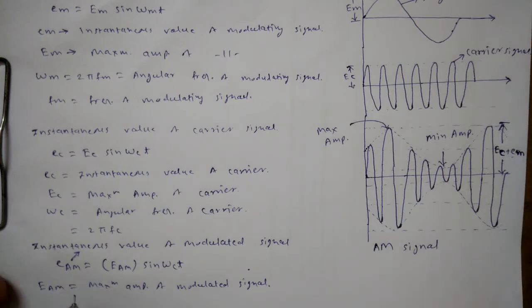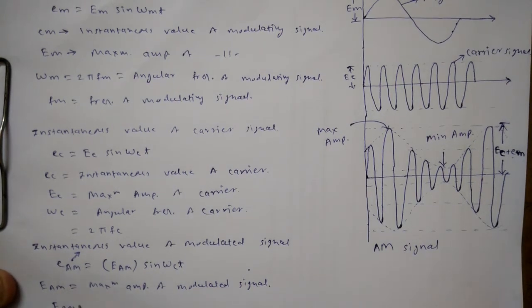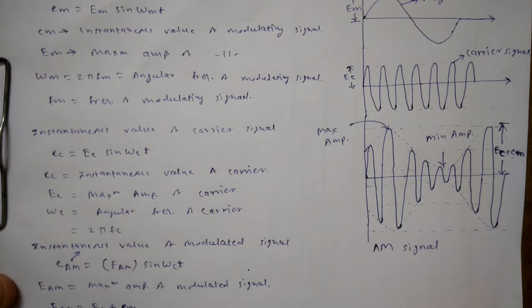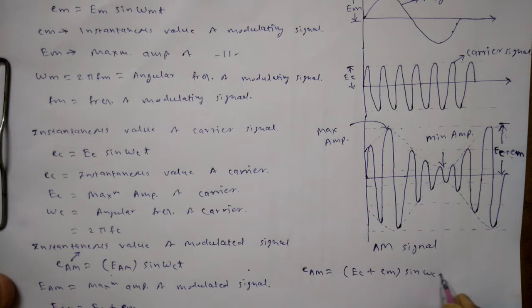So now I can put this value in this equation, so that I will get the equation for the instantaneous value of the modulated signal, like eAM equals, in place of EAM I am writing EC plus EM. That's why my equation becomes (EC plus EM) sine omega c t.